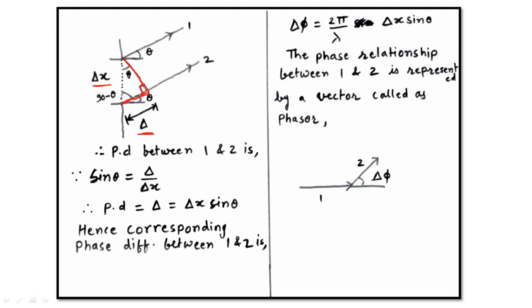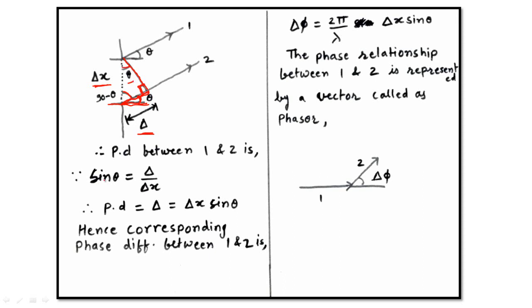So now look at the geometry of the figure over here. Both the rays, ray 1 and ray 2, are diffracted at an angle of diffraction theta with respect to the direction of normal. So this is the direction of normal, and with respect to it they are diffracted in this direction theta. We know that this distance is equal to delta x. This angle is theta, this total angle will be 90, so this angle will be equal to 90 minus theta. This is 90, and therefore this angle will be equal to theta.